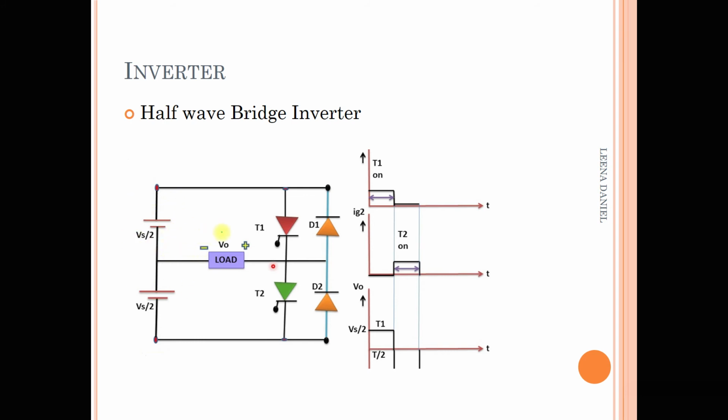For the half bridge inverter, we have to use a 3-wire DC supply. Here from this point you can see 3 connections coming out, one from this positive terminal, one from this negative terminal, and this is connected to the load. So this kind of supply is called the 3-wire DC supply.